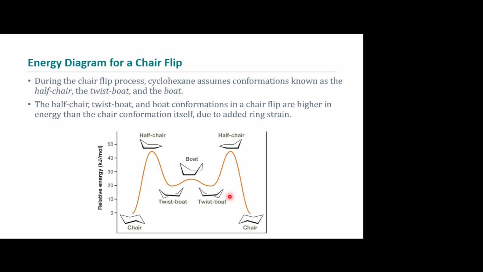Yeah, which is why you have that big energy difference here. This one's going to be your closest to staggered and anti almost everywhere, which is your chair. That's why it's the lowest energy one. Okay. But it will be a lower energy than this. So it is like a stable conformer.